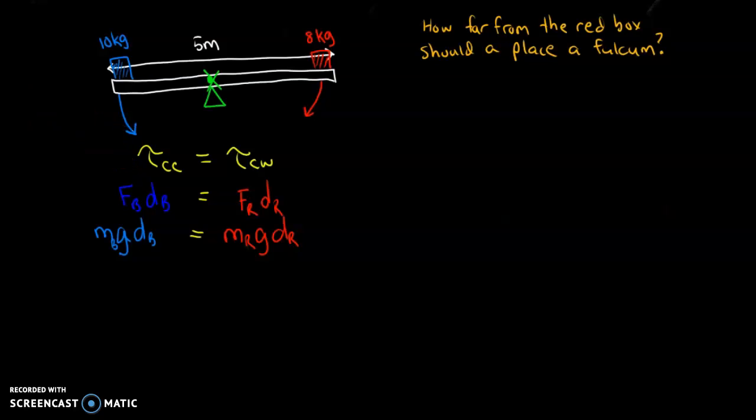Now, the tricky part here, when I start plugging in my numbers, I'm missing two of my variables. I'm missing both distances. I don't know how far those are from my pivot point.